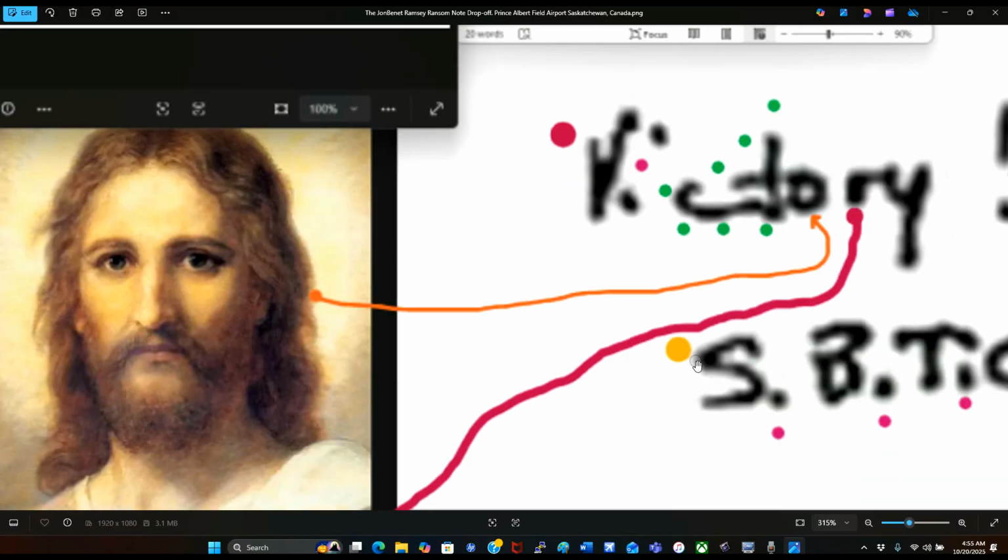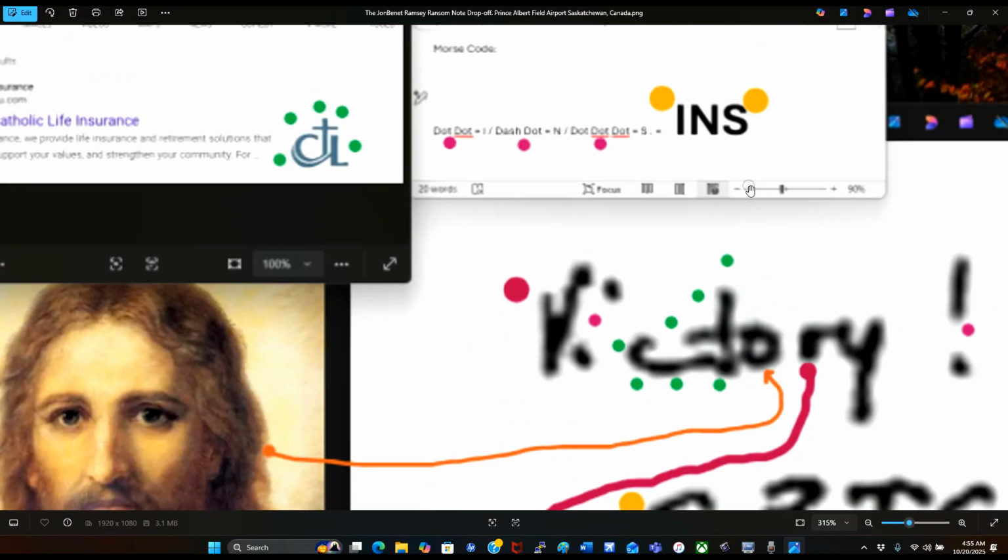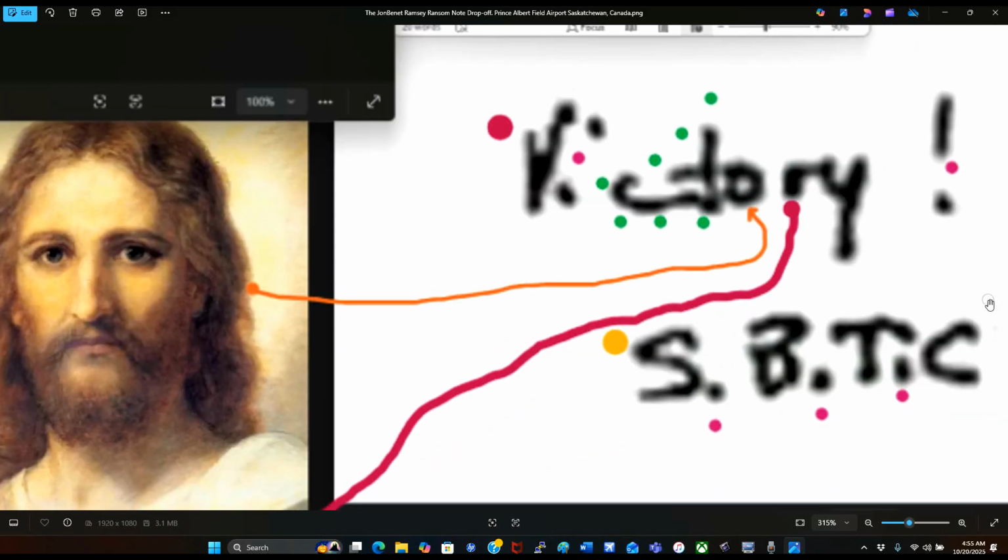So remember, this S is separated. And then you have INS. That is a person in something, right? This symbol, CTL, and Jesus. This is a person who, in this letter, represents that individual. And remember, these are Morse code symbols. So the only letters we have left are these three and this one. So that's four, but it's on its own.